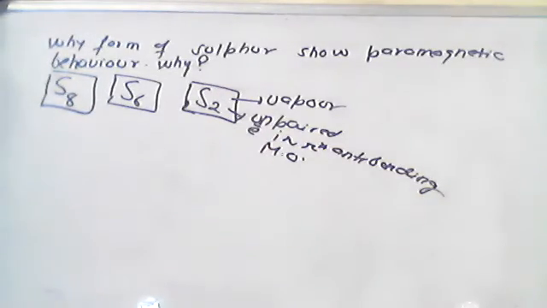So this is the reason it exists as paramagnetic. So if the question asks which form exists as paramagnetic, then S2 is going to exist as the paramagnetic one.